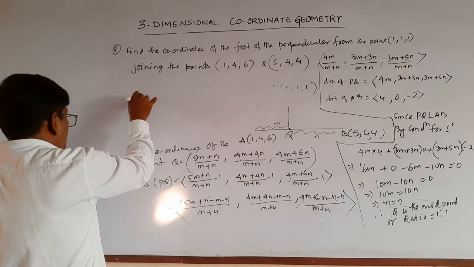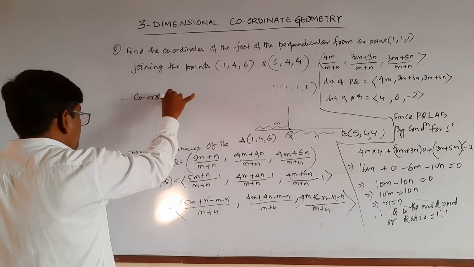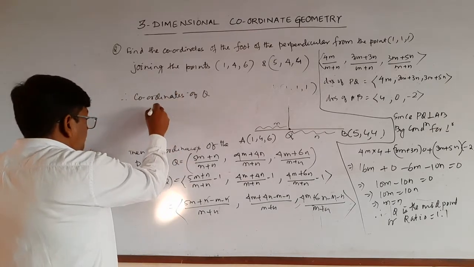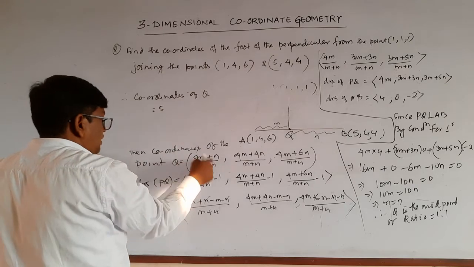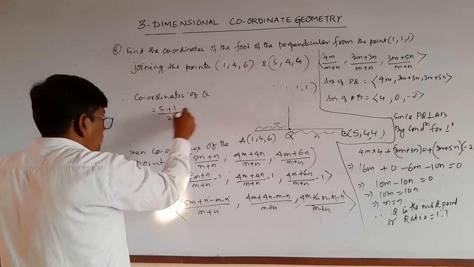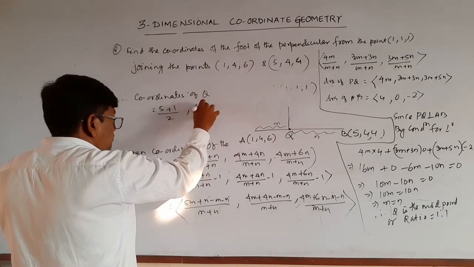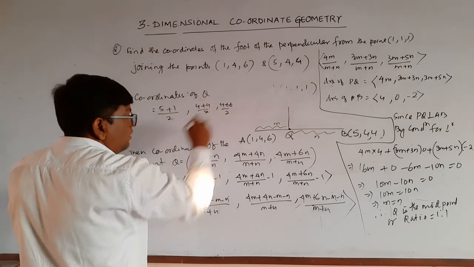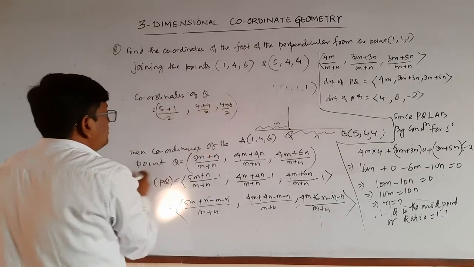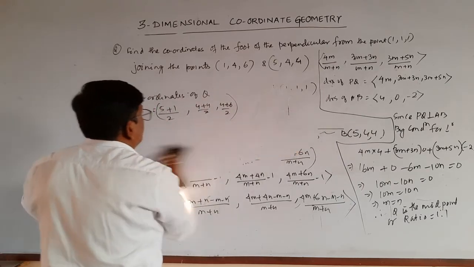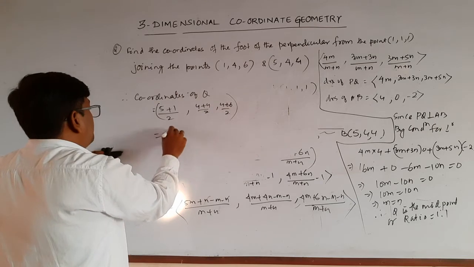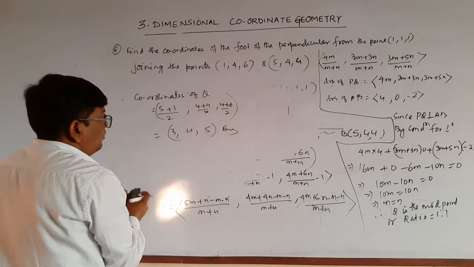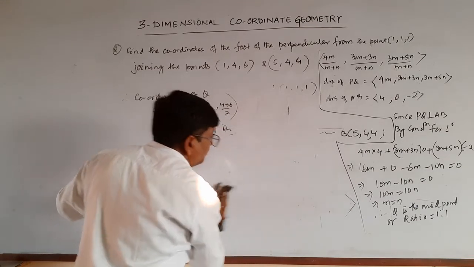Therefore the coordinates of Q are (5 plus 1) by 2, (4 plus 4) divided by 2, and (4 plus 6) divided by 2. So the coordinates are 3, 4, 5. This is the coordinates of the point Q. Okay, this is the answer.